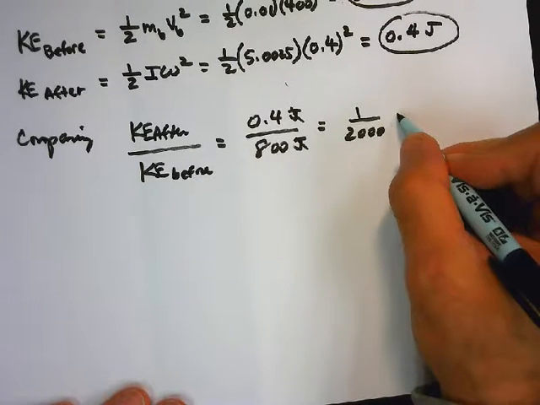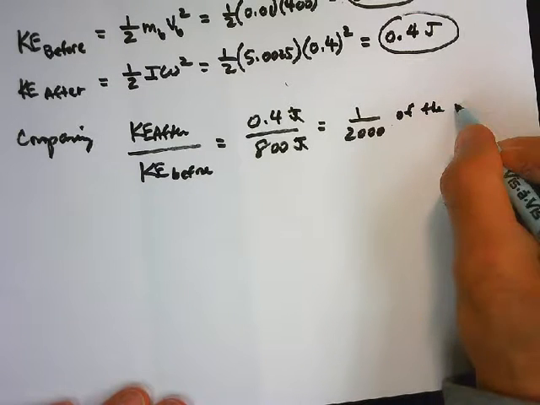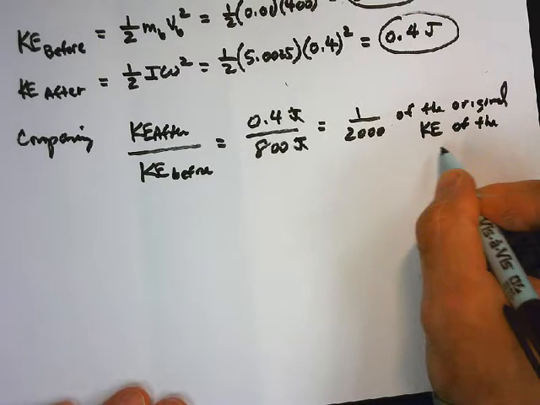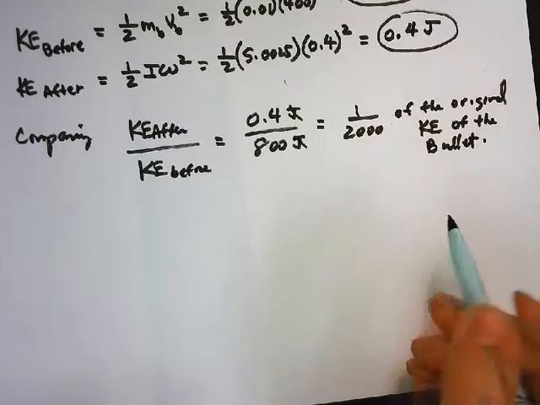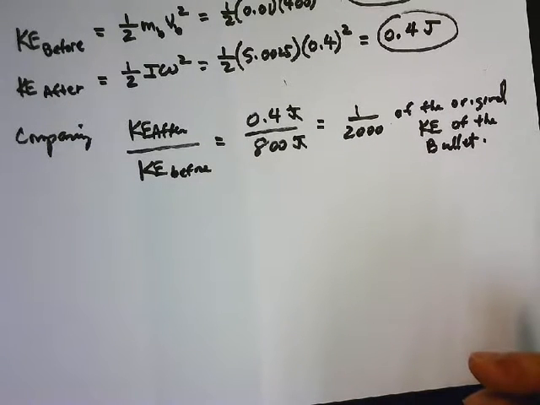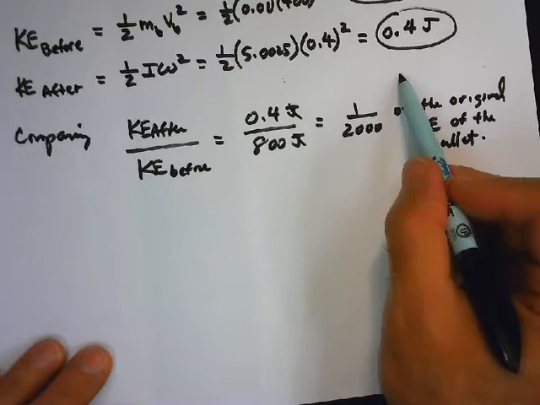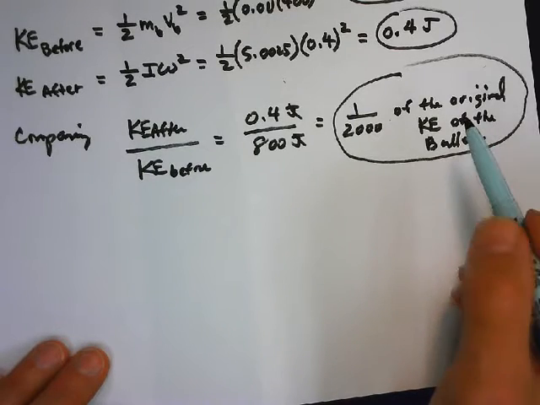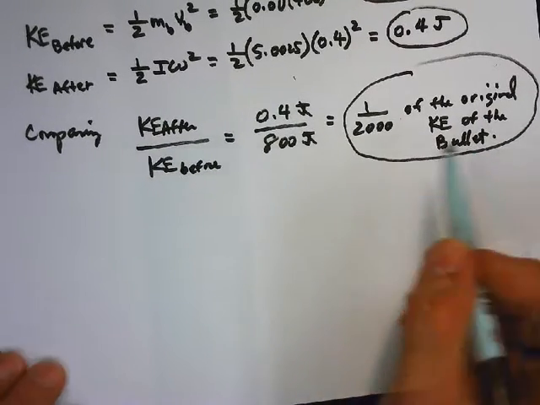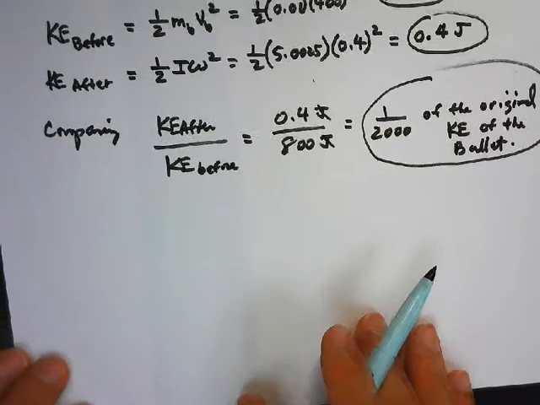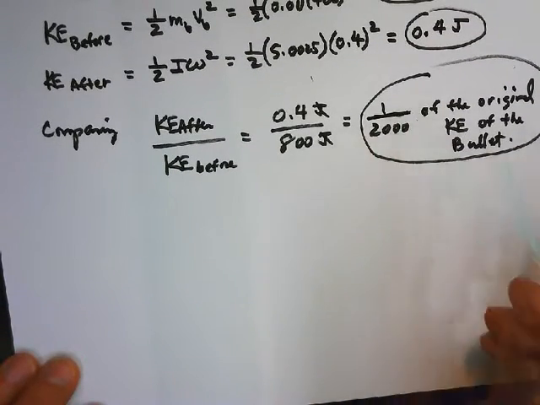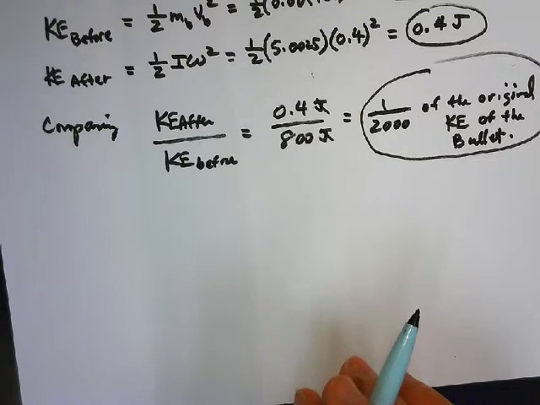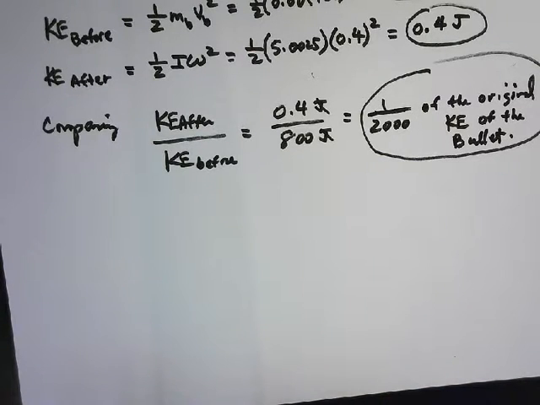So we only have 1/2000th of the original kinetic energy of the bullet. Look at how much energy was lost in the form of heat. That's pretty amazing. We knew that there was going to be some loss, because it's an inelastic collision, and you don't have kinetic energy conserved for an inelastic collision. But that's a lot of energy lost to heat. As that bullet is burrowing into the wood, it converted a lot of that energy to heat.